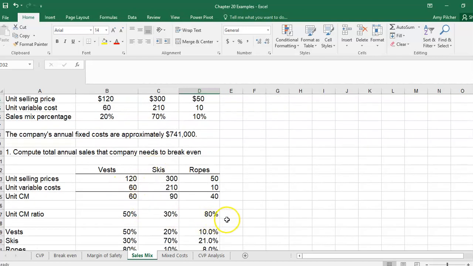However, vests and ropes have much higher contribution margins to our bottom line than skis do. By marketing and increasing the sales of vests and ropes, we can increase our profit just by looking at that contribution margin benefit. So if we were the marketing manager, we would focus on selling vests and ropes over the number of skis that we sell.